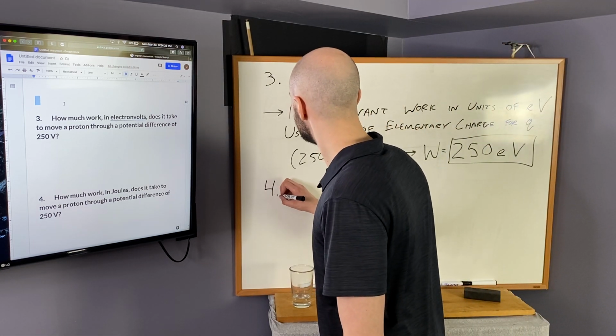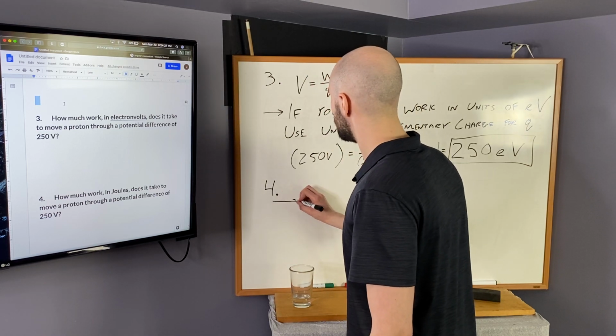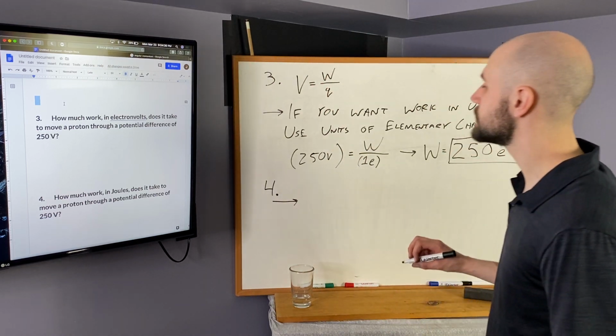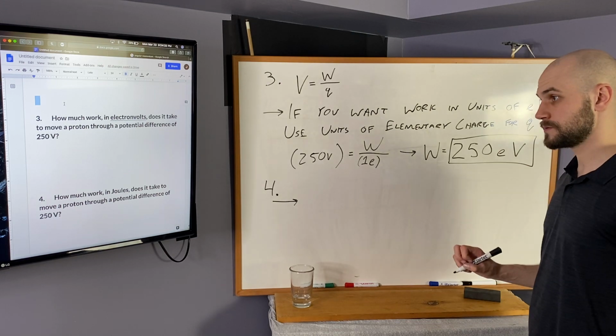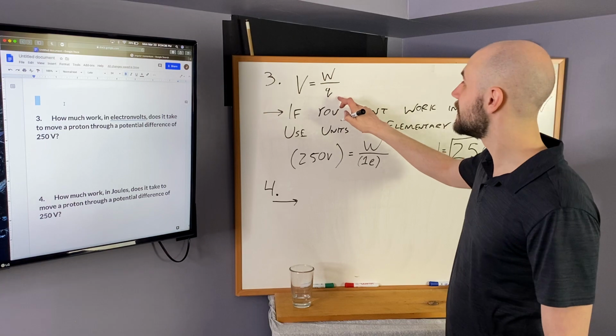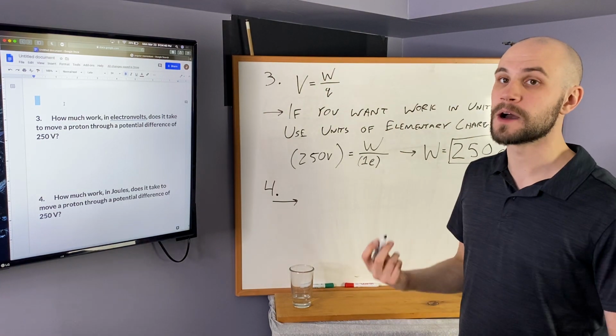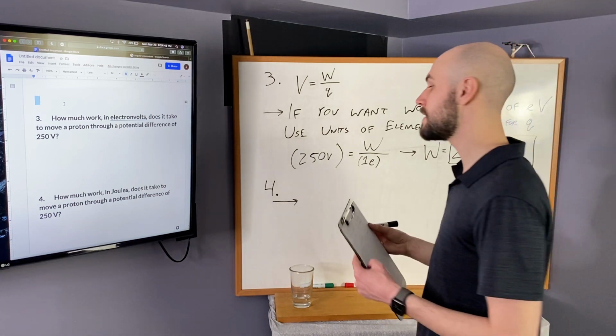Now for number 4. We now want this to be in terms of joules. So if you want your answer in joules, don't plug in elementary charges for Q. Actually plug in coulombs for Q. How much charge you have in coulombs.